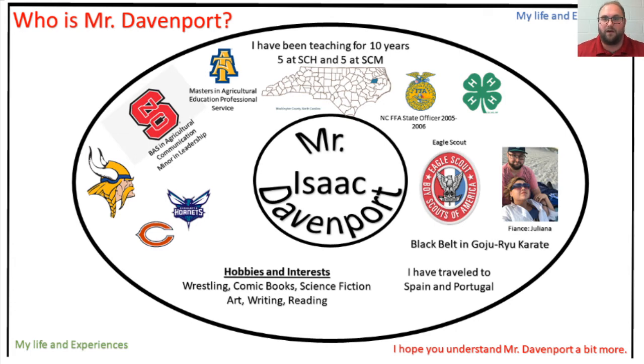Your assignment is going to be just a little different, but this is essentially how I want you to go about creating your thinking map. I've got me at the center, Mr. Isaac Davenport, and then some information telling you that I've been teaching at Spring Creek High School and Spring Creek Middle School for 10 years.